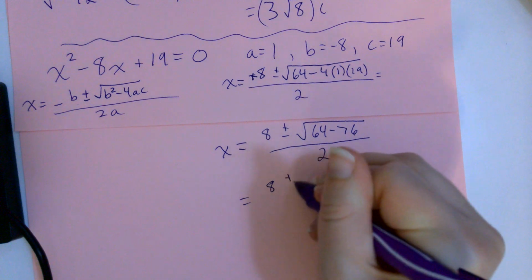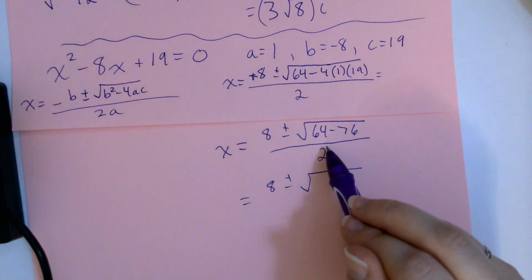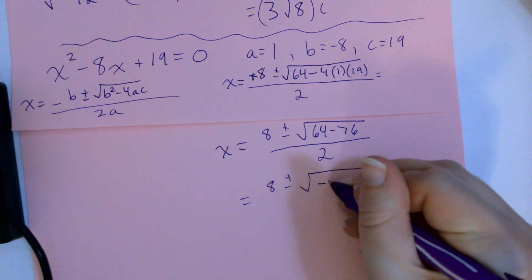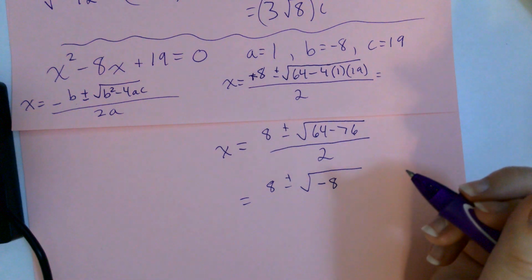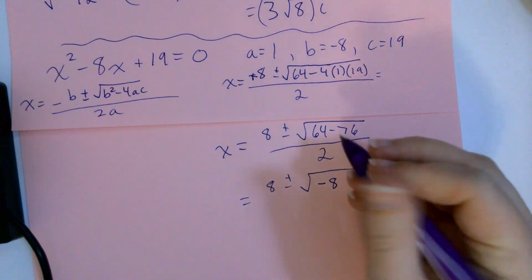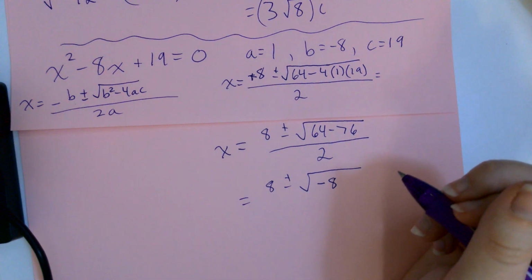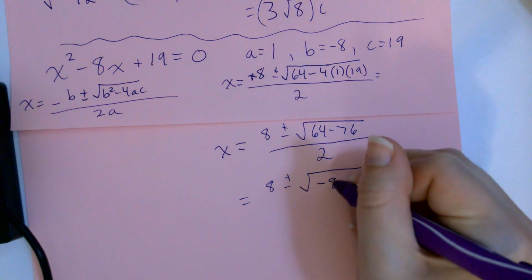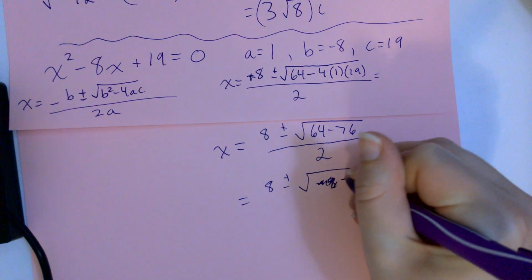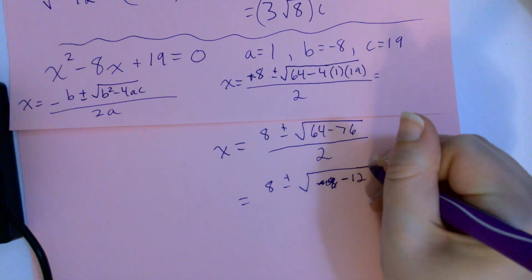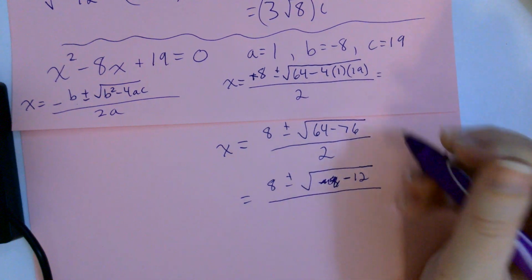So we have 8 plus or minus the square root of, and this is going to be the square root of -8, it looks like, divided by... no, it should be -12. There we go. Okay, -12 and then divided by 2.